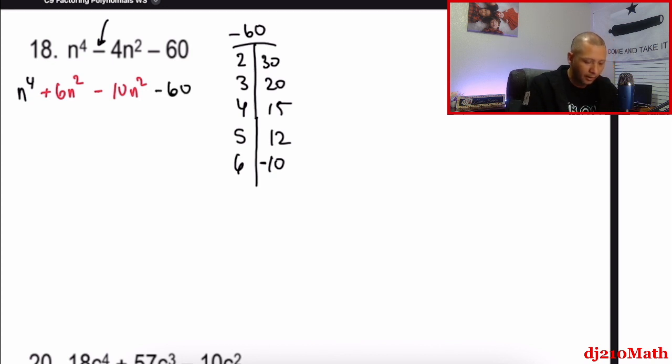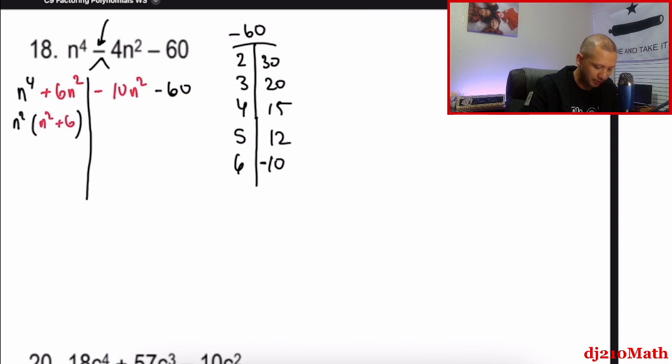So again, negative 4 can be created by positive 6 and negative 10. Split it down the middle. On the left-hand side, inside we have n squared plus 6. On the right-hand side, n squared plus 6 has to show up.